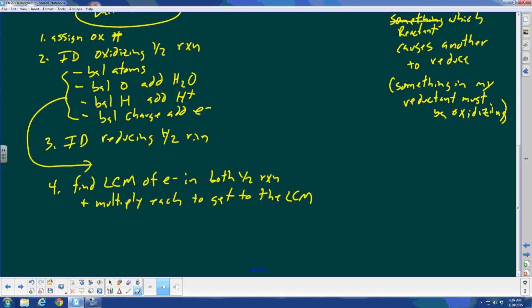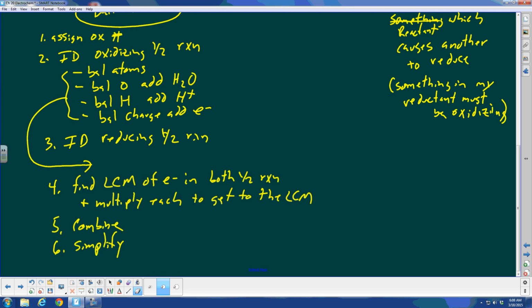Really, what we're doing is recognizing that the electrons must be the same in each half reaction, and the only way you can do that is by multiplying, making the half reaction occur more times. Then we're going to combine these two, and then simplify.